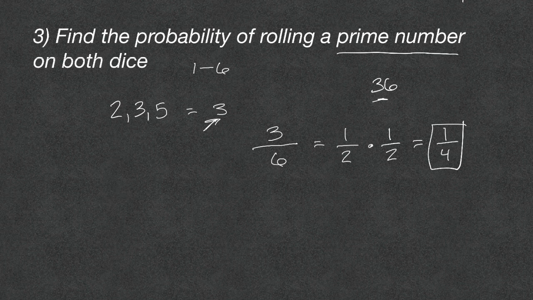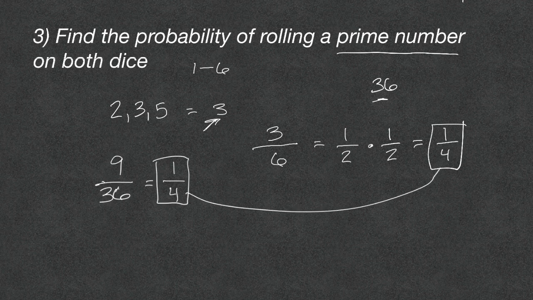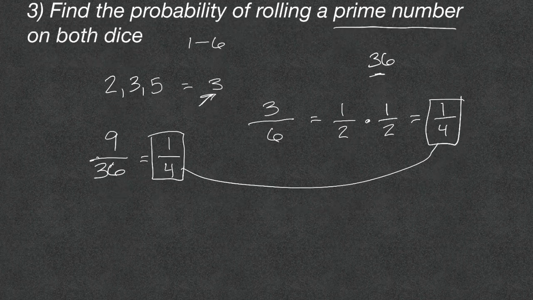So this represents my probability, but if I reduce it, 9 goes into 9 once, 9 goes into 36 4 times. And you can see that I have come up with the same probability, the same ratio there. So I have a 1 in 4 chance of rolling a prime number on both dice. Let's look at another one.